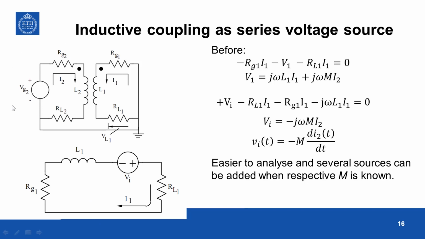So we remove this source circuit. Now the action of this is coming over here as a voltage source. So in this we introduce a source Vi, and Vi is given by minus j omega M I2, or in time domain minus M dI2 by dt, where I2 is the current in the source circuit.